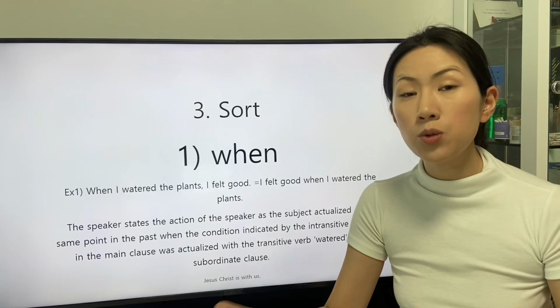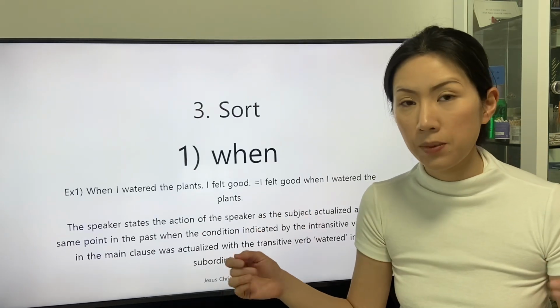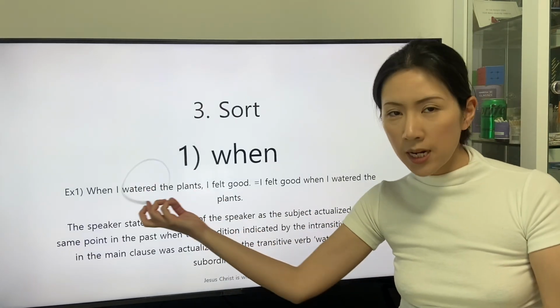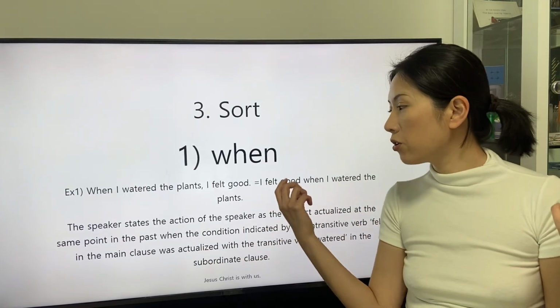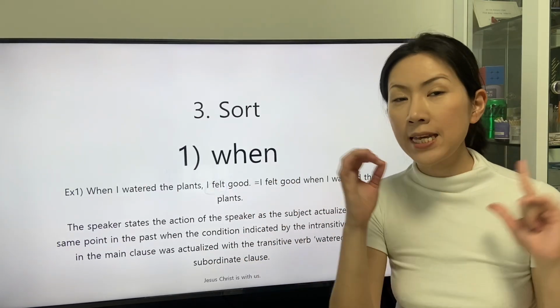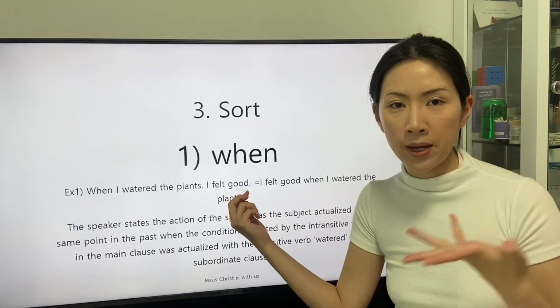This can be understood with the concurrency between the action indicated by the transitive verb watered and the condition indicated by the intransitive verb felt in the main clause.